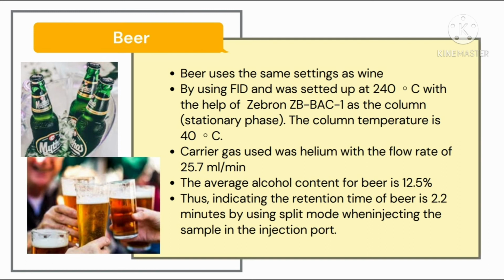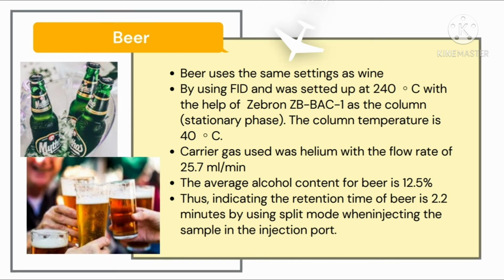The carrier gas used was helium with a flow rate of 2.57 milliliters per minute. The average alcohol content for beer is 12.5%, thus indicating the retention time of beer is 2.2 minutes, using split mode when injecting the sample in the injection port.